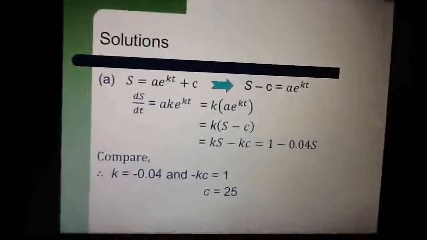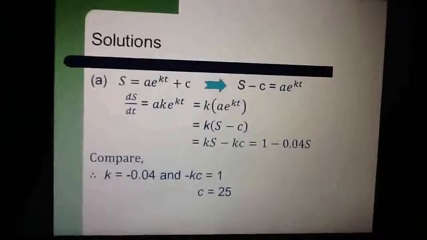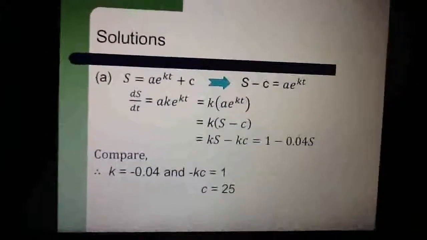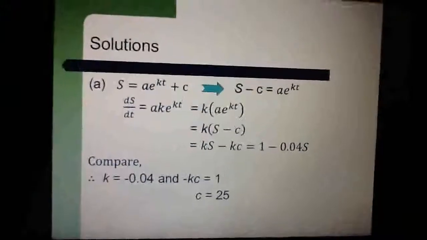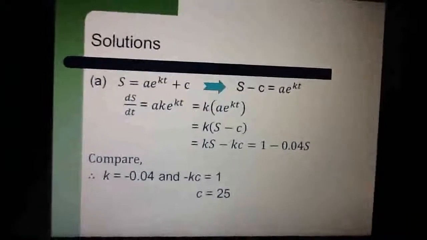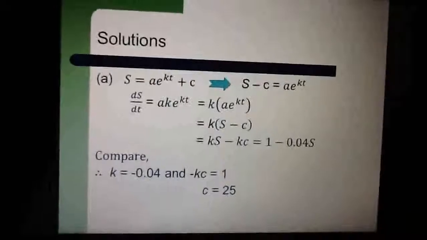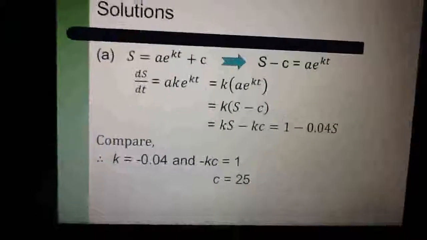So when we rearrange this expression, we get ks minus kc equals 1 minus 0.04 s. By comparing, we get k equals negative 0.04 and the value of c is 25.